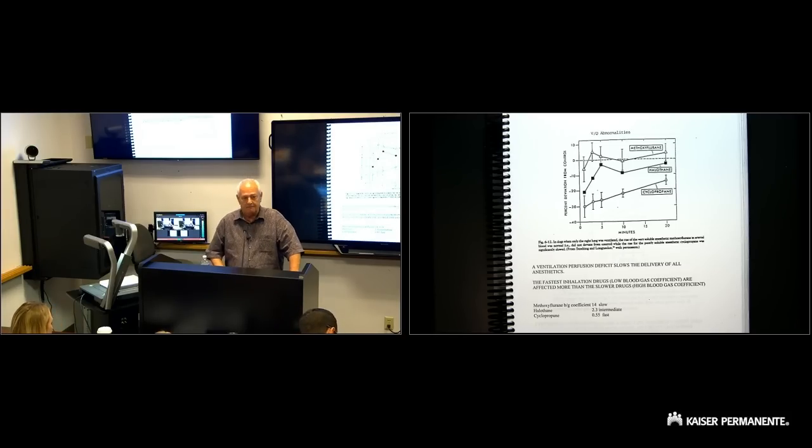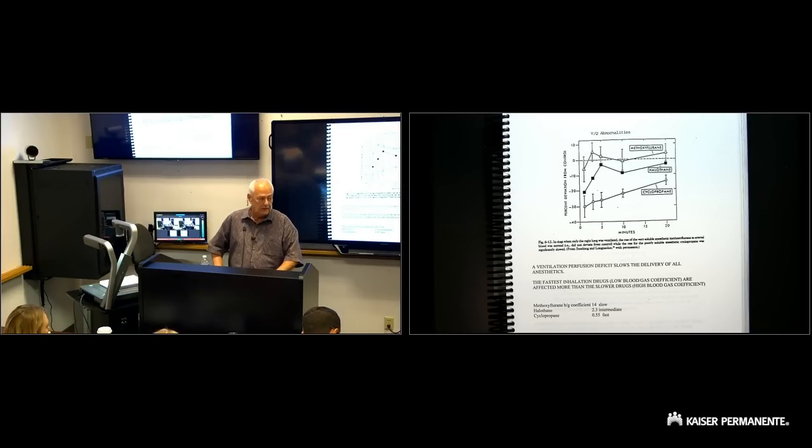So I'll say it again. There's a two-pronged answer to this. How does a decrease in lung function affect the speed of anesthesia? Your ability to put somebody to sleep who has less than normal lungs. You're going to see this all the time. You're going to have people with bad lungs come to surgery. What does that mean to you as far as putting them to sleep?